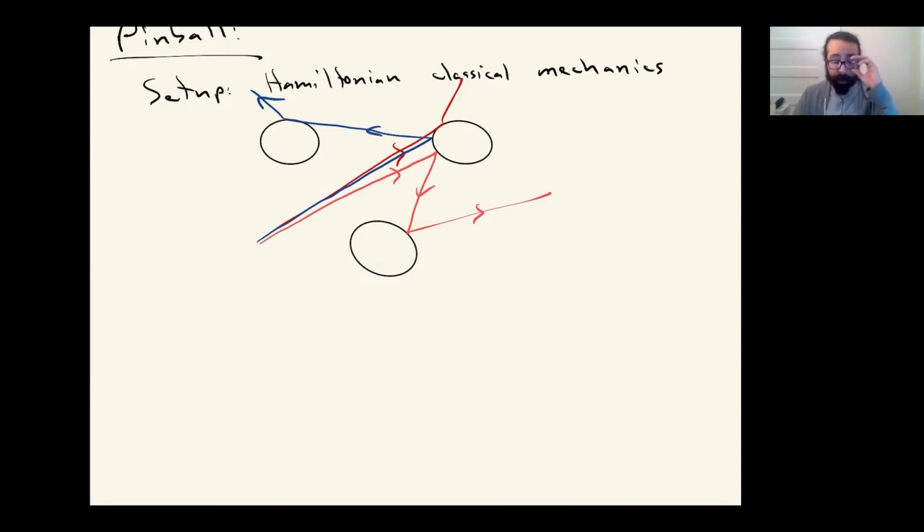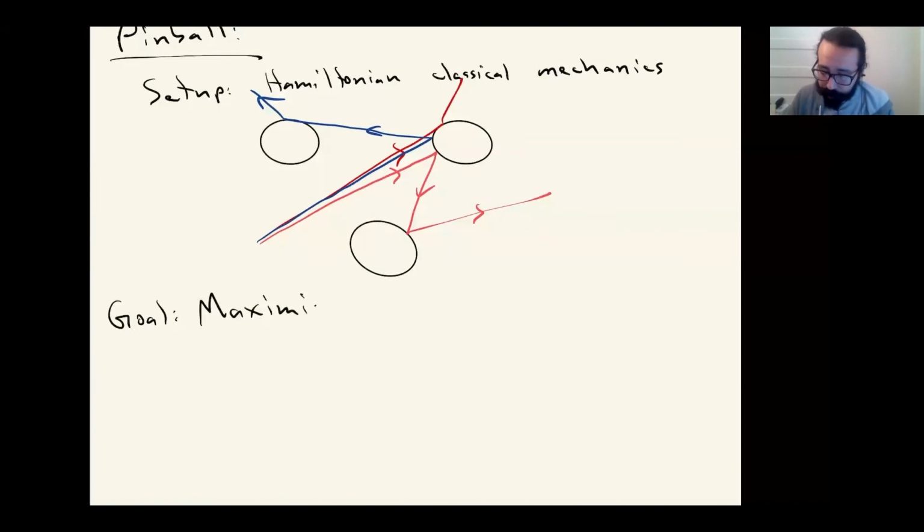And so the goal in pinball is to get the most points, and we get points for every bounce. So we want to maximize the bounces, or the number of bounces, I should say.